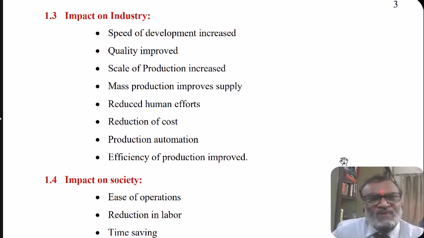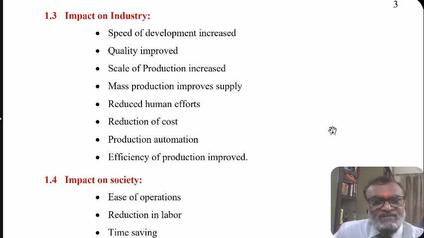Let us see. Obviously, the speed of development is increased due to the development and use of electronics. Quality of production is improved. The scale of production is improved. That is, mass production of the components as well as the applications is possible, which reduces the cost of the equipment and electronic systems.